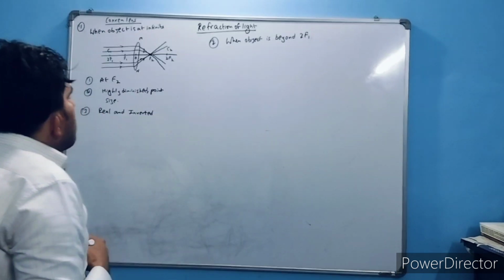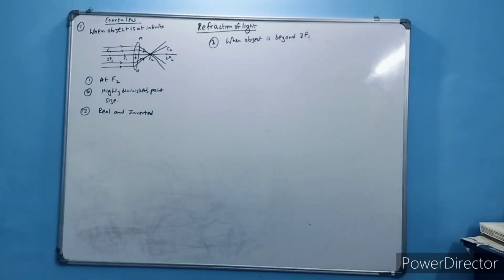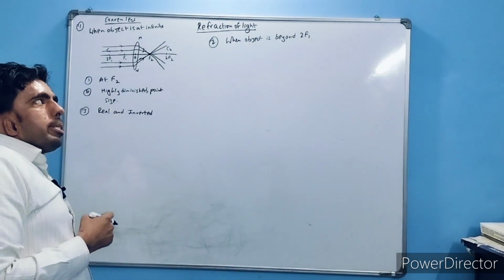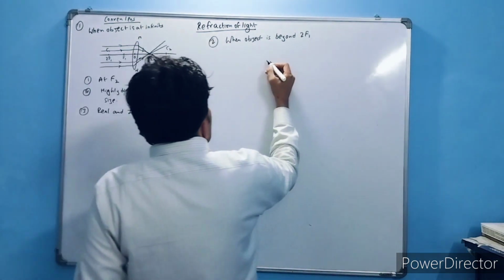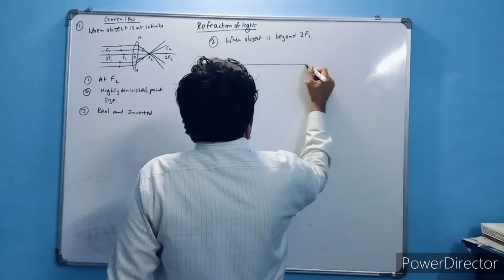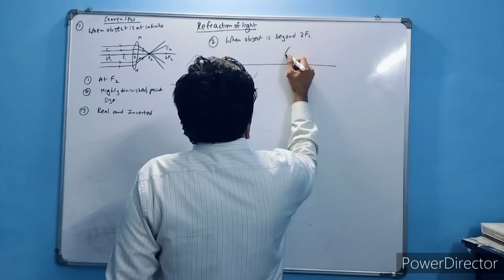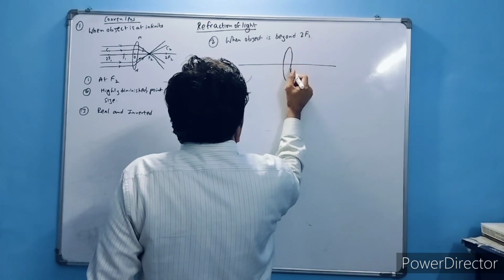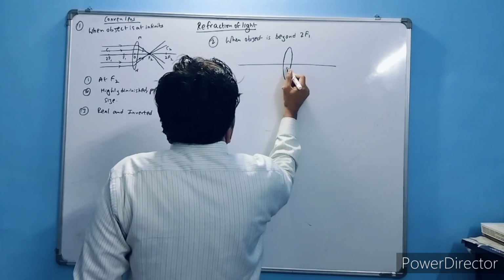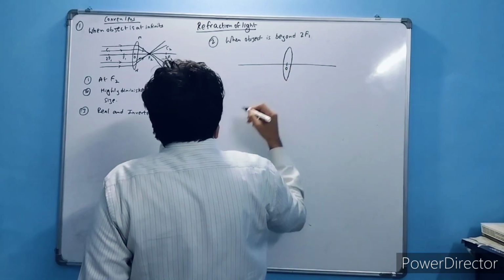So where will the image be formed, what about its size, and what about its nature? Let us draw. Okay, that's the optical center we have.